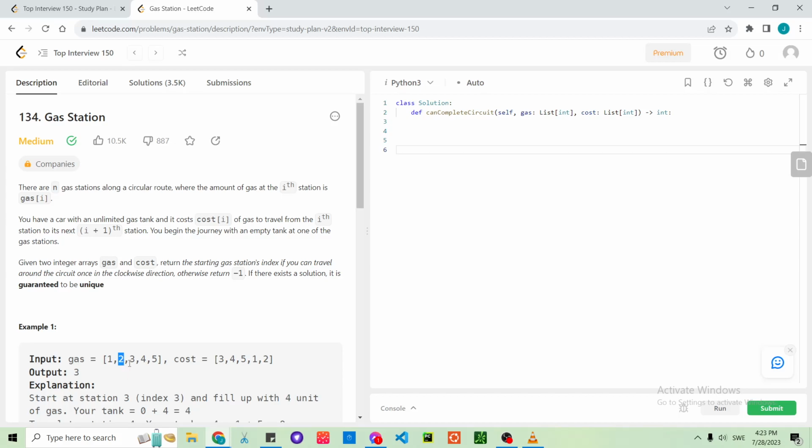Now we have 2 units of gas, and the cost from, I'm getting no messages. So cost of starting from gas station, the first one, the cost is 3. And we only have 1, so that does not work.